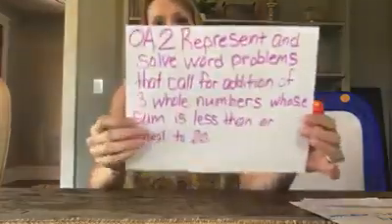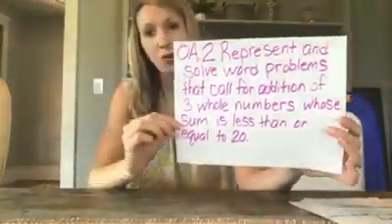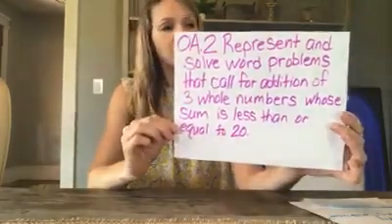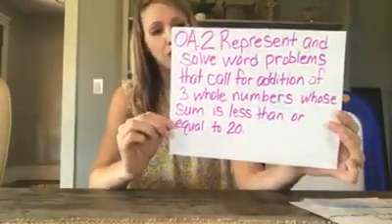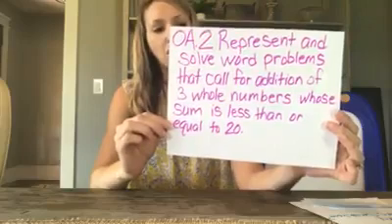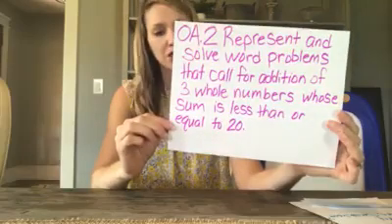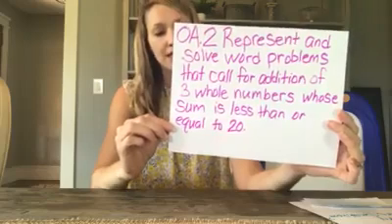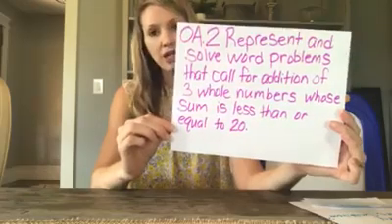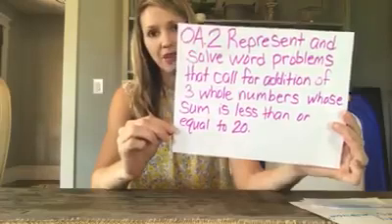So our standard for today is OA.4: Represent and solve word problems that call for addition of 3 whole numbers whose sum is less than or equal to 20. All right, so we're going to be adding 3 numbers whose sum is less than or equal to 20.